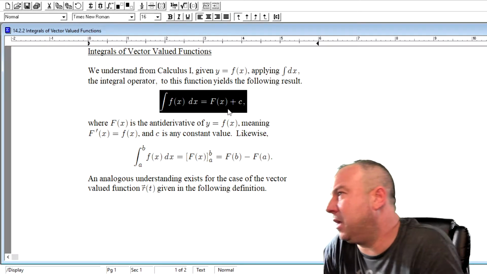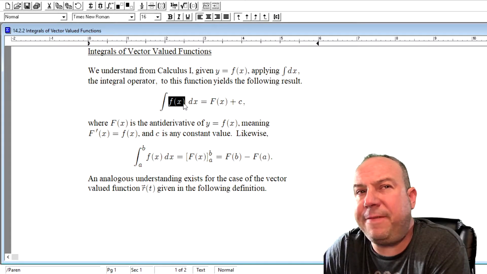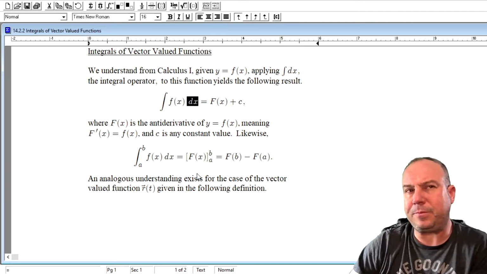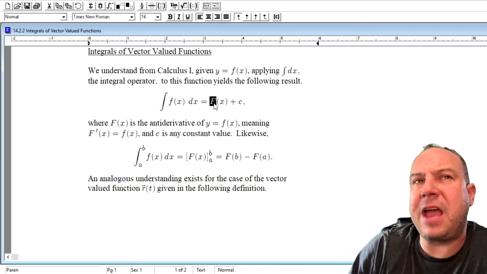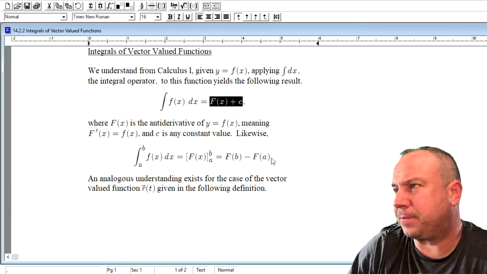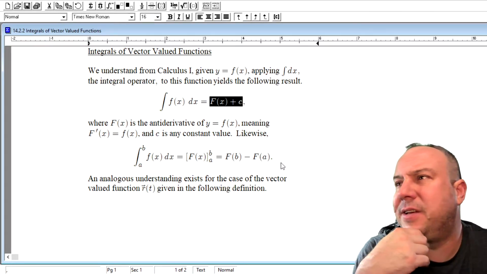If we take a function f of x and apply this integral operation, that result is itself a function of x, a function of x that's related to little f of x.